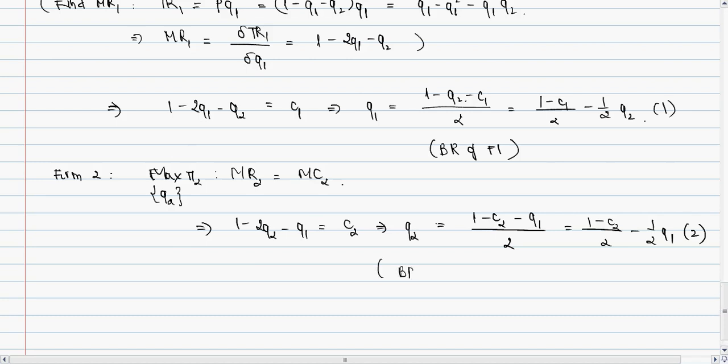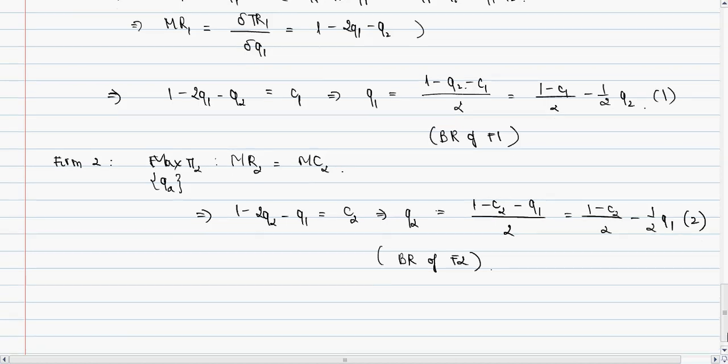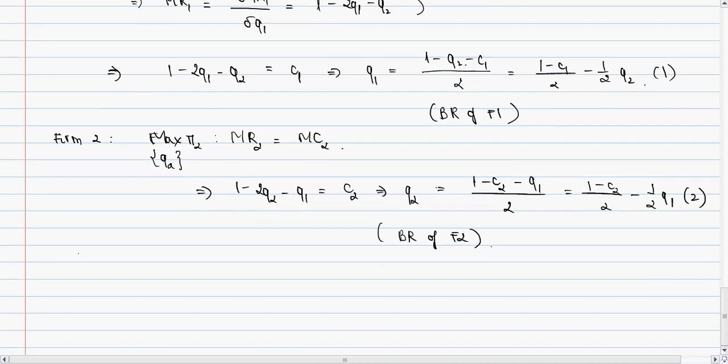So this is called the best response function of firm 2. Just like before, we have two equations and two variables. Solving the system of two equations, you will be able to find the values of Q1 and Q2. So we solve the first and the second equation together.